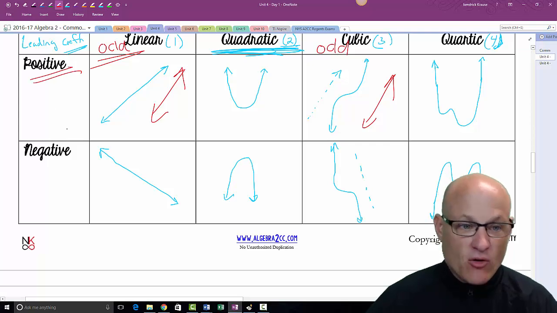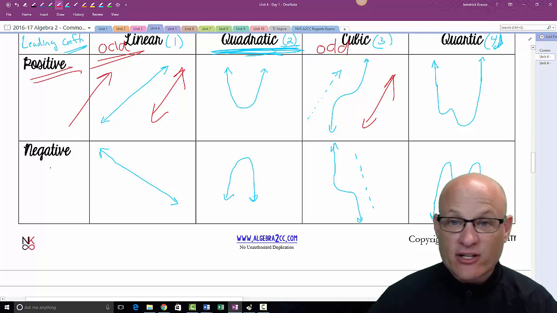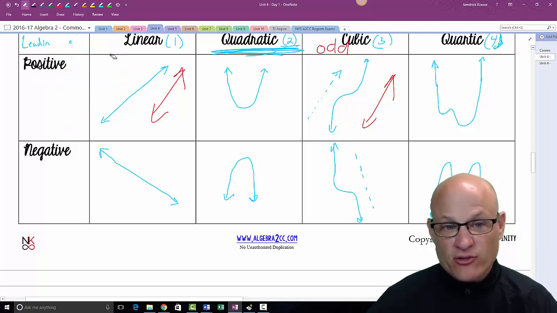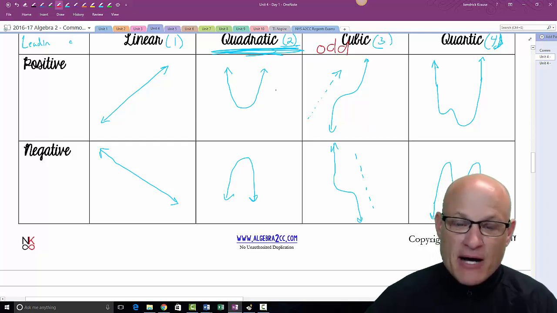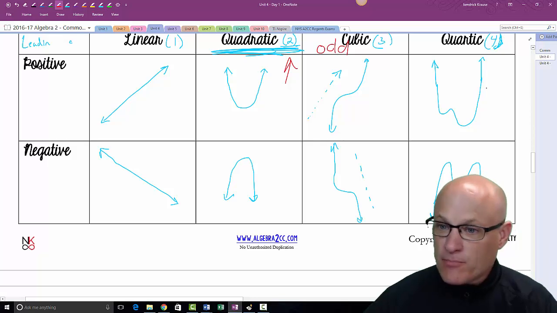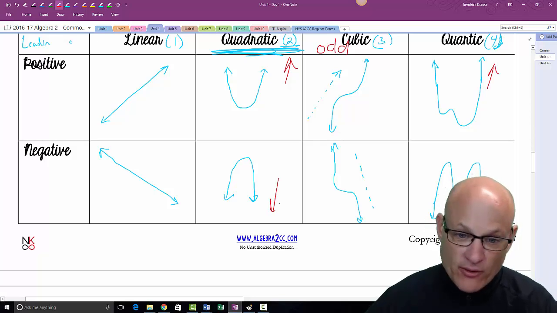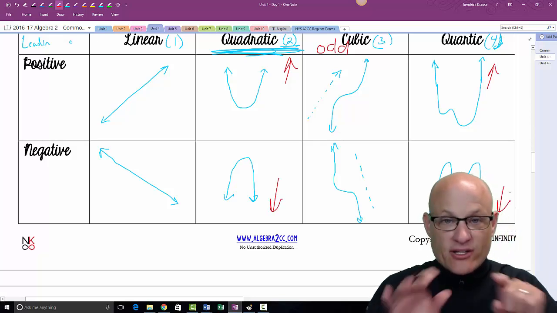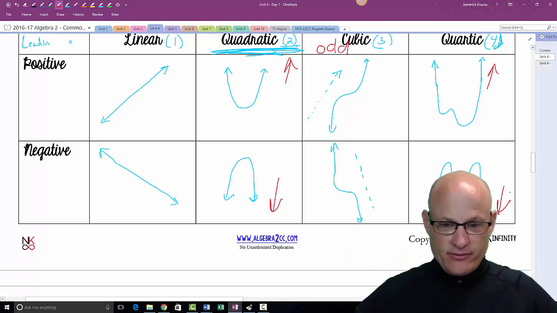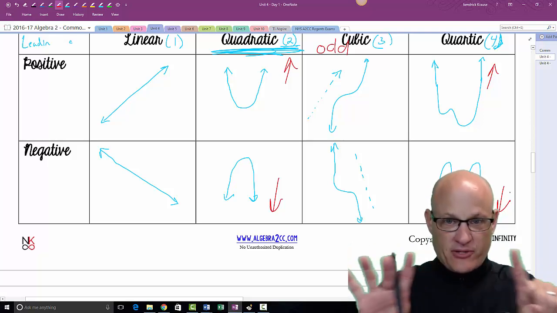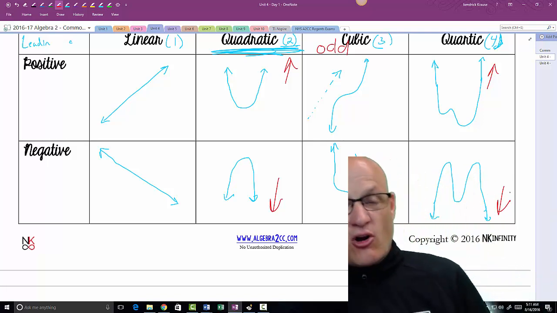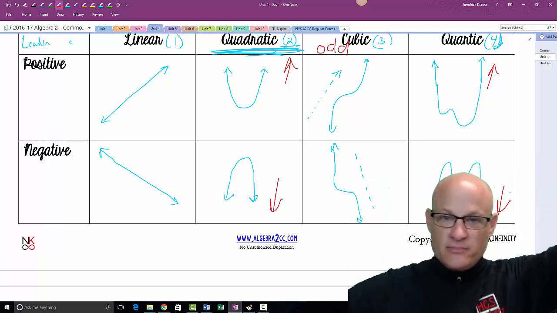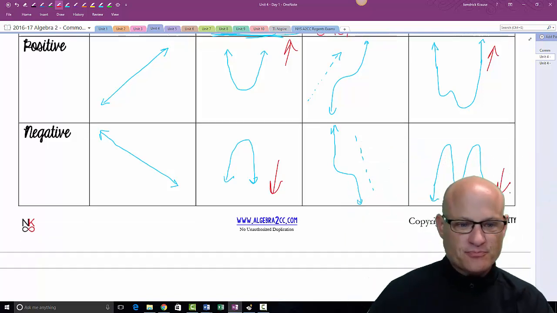If it's positive, it's going to go up generally, and if it's negative, it's going to come down generally. With the even functions, the 2, the 4, the 6, the 8, if it's positive, you're both going up, and if it's negative, they're both going down. As it goes to the left and right, they go down if it's negative, and up if it's positive. Odd functions are always going to go up and down, either way, if it's positive or negative.